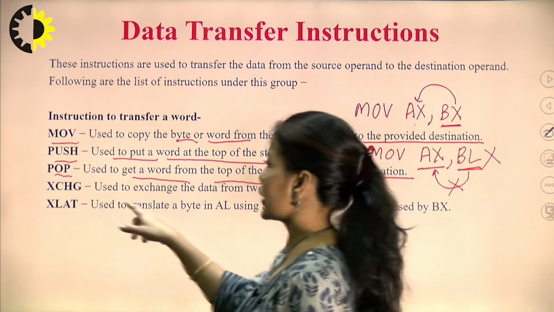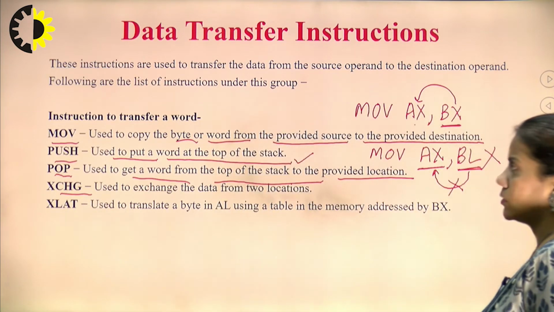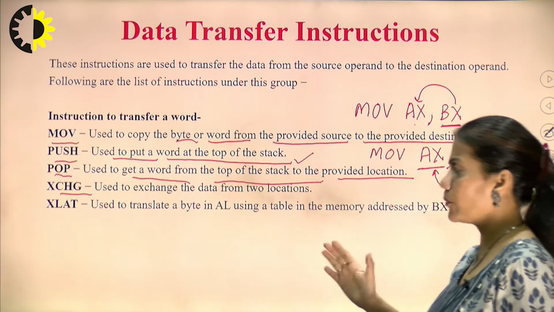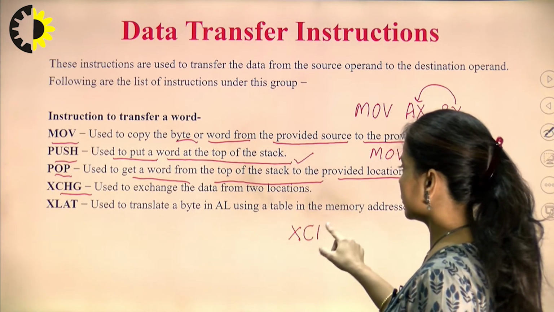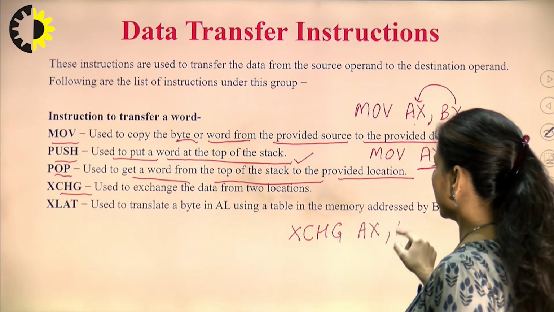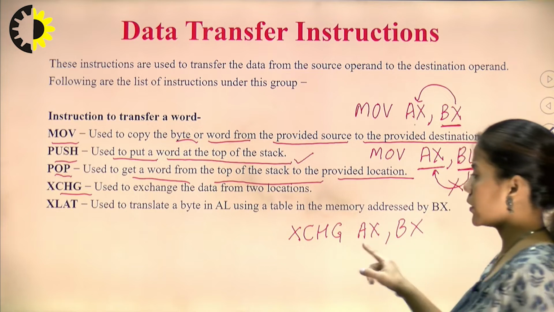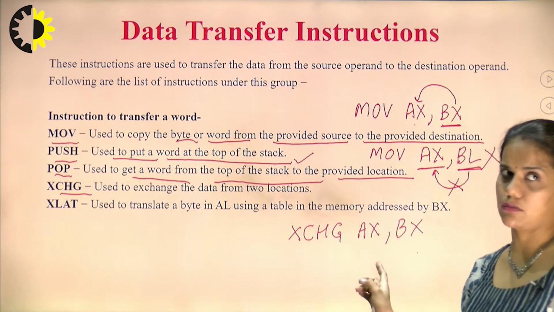The next instruction is XCHG, exchange. It is used to exchange the data from two locations. Suppose I write this, the contents of these two registers will be exchanged with each other.